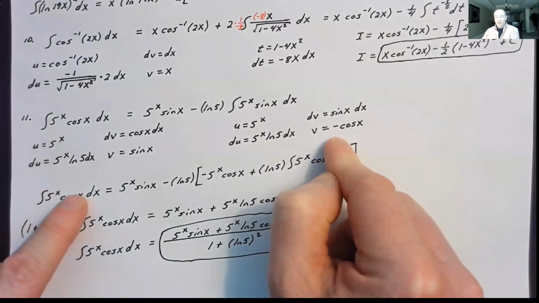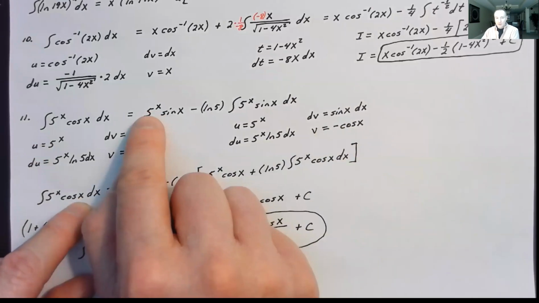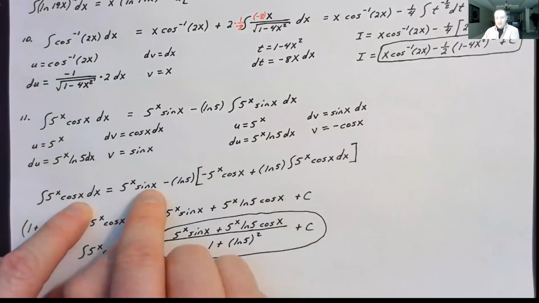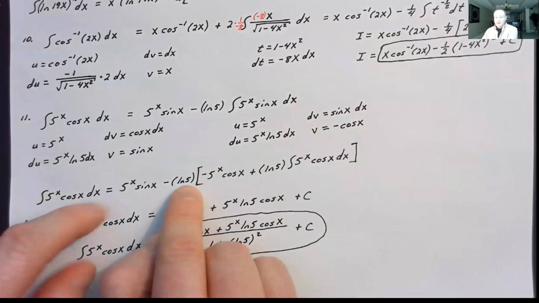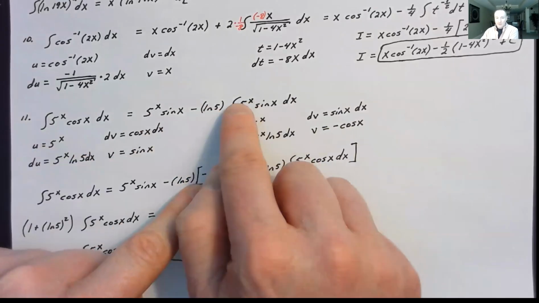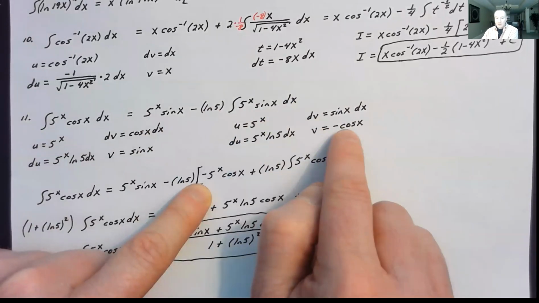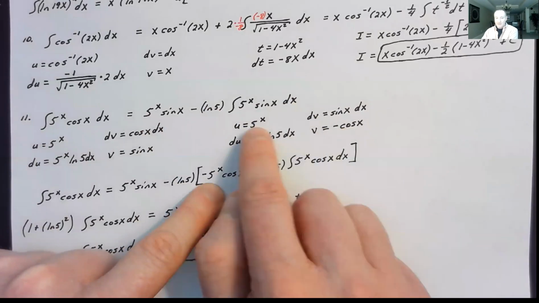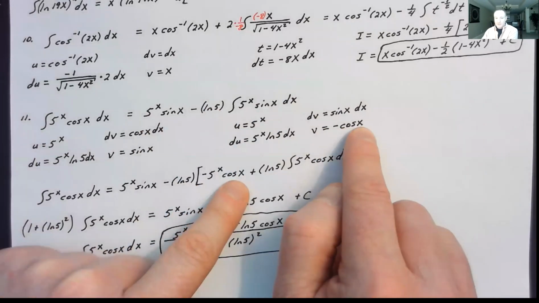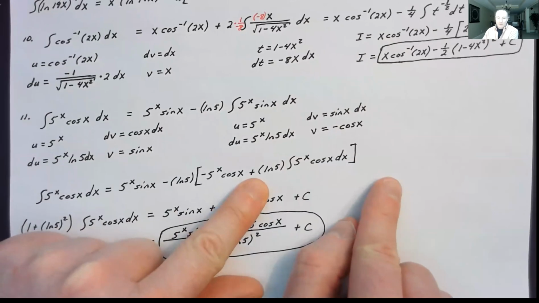So now I can say, well, then the original problem was my original answer, u times v, 5 to the x sine of x, minus the natural log of 5 times the answer I got for this second integral, which again is u times v. That's a negative 5 to the x times the cosine function. And then it would be minus the integral of v du.